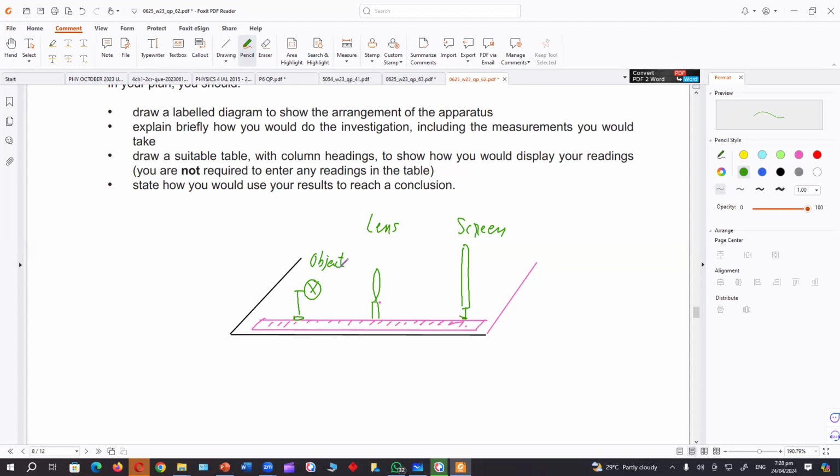This is the illuminated object. Look at this. This is the filter.